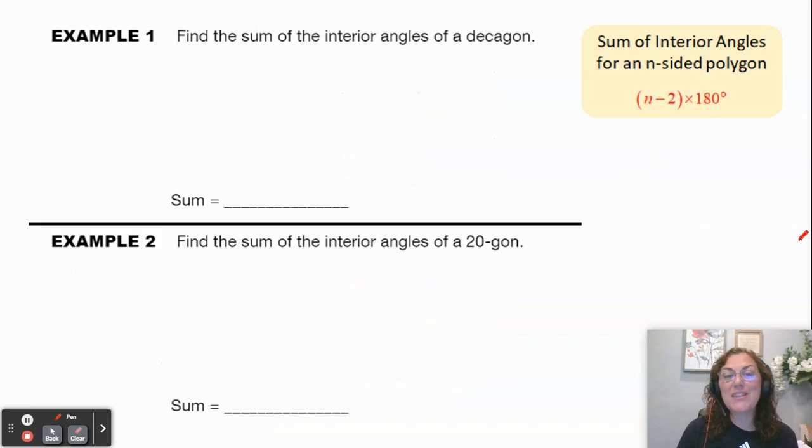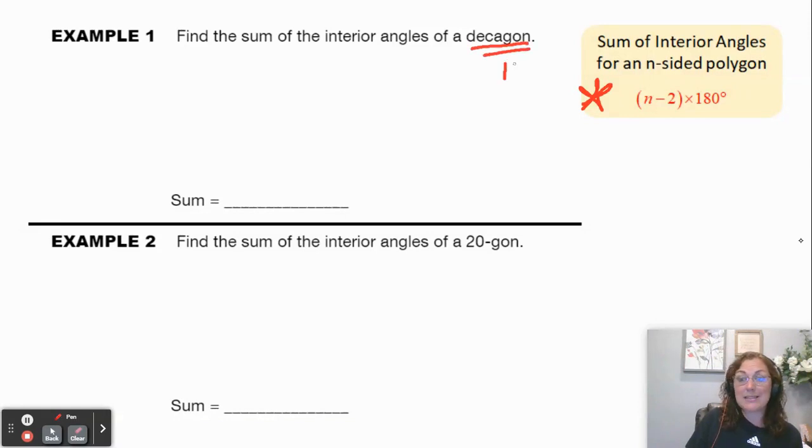Now, regardless of the number of sides in a polygon, we can find the sum of the interior angles using this formula: n minus 2, where n is the number of sides, and then multiply by 180. In example 1, we want to find the sum of interior angles for a decagon. Remember that's 10-sided, so n would be 10.